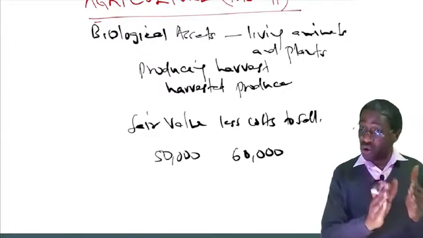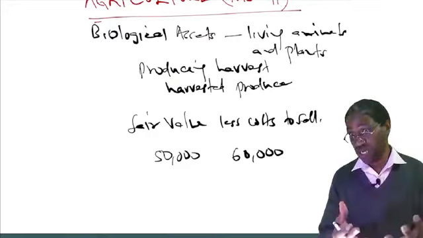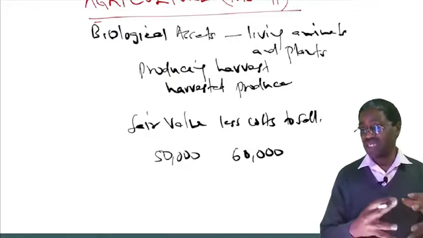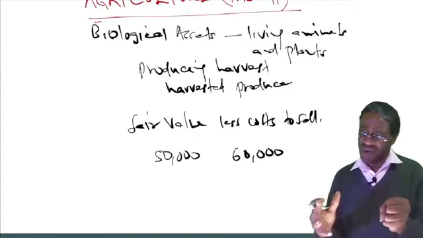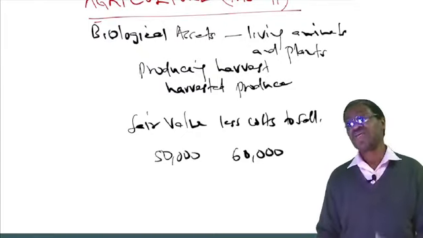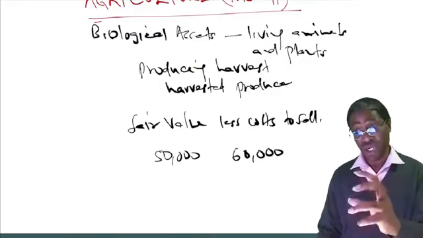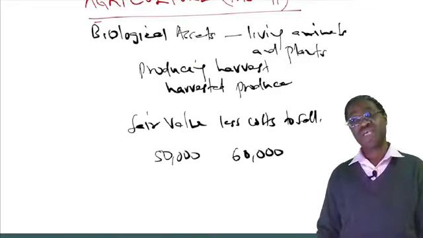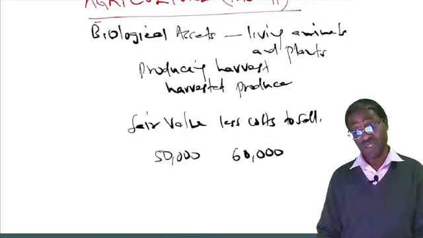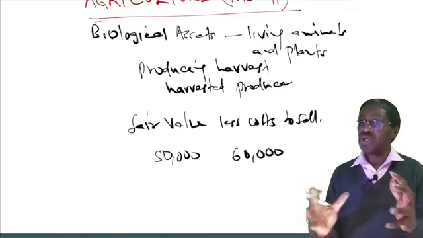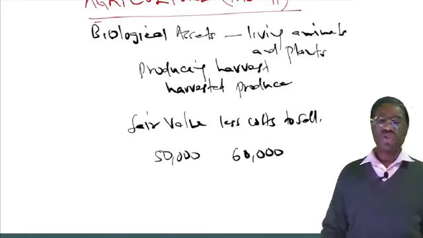You had a biological asset, could be an animal, whatever it is, with a value of 50,000. By the end of the year, it has a value of 60,000. That change in the fair value, which is 10,000, is what you should take to the profit and loss of your agricultural farm, as an agricultural activity enterprise. So the change in fair value goes to the P&L.